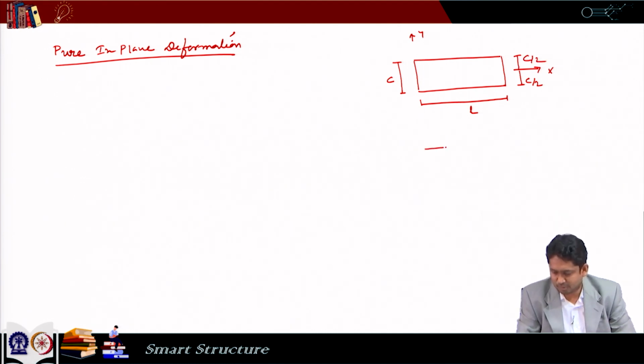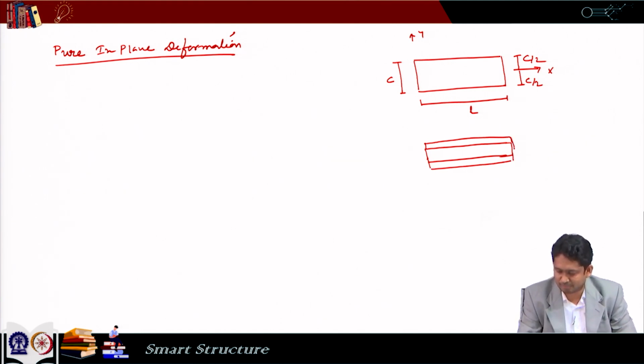And then if we look at the same thing in the xz plane, it looks like this. We can assume that the piezo patch is distributed all over. Even if it is not distributed all over, our formulation can take care of that, that is not a problem. So, this is in the xz plane.